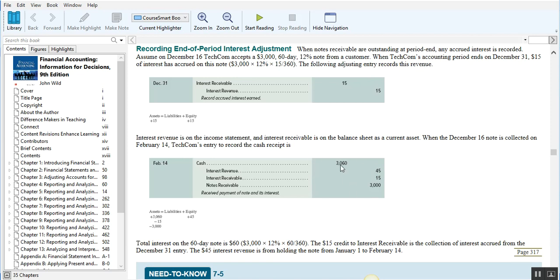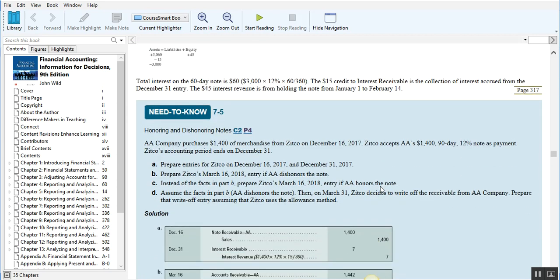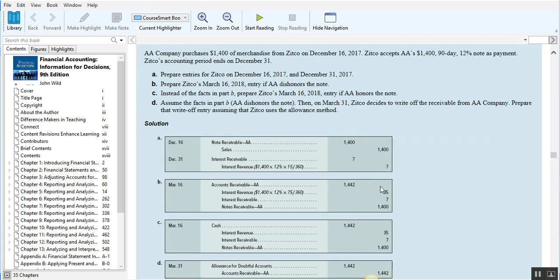So the total payment of $3,060 includes the interest revenue for January and February and the interest receivable from December of the prior year, and then of course the face value of the note. So that's calculating the note and how we handle it as a receivable.